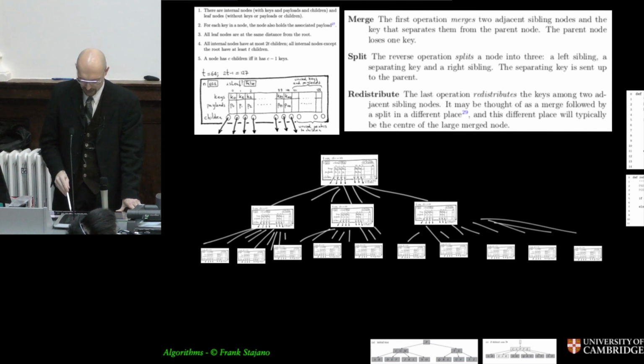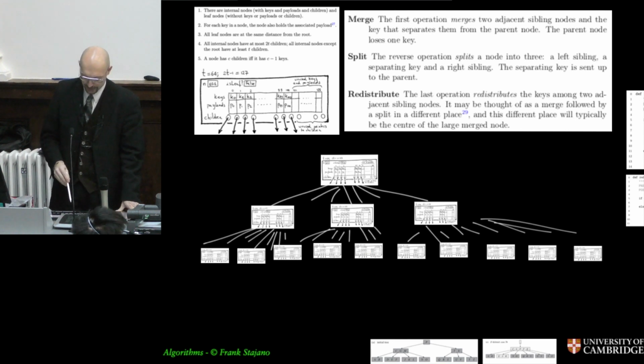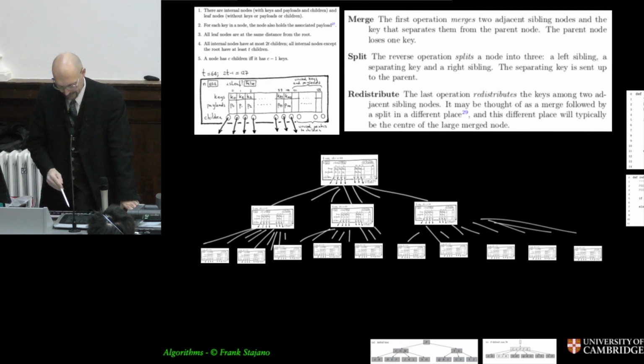If the node I want to delete a key from is in the bottom layer but already has just the minimum number of keys, then of course it's not allowed to delete a key from it, but I can use one of the strategies that I said. If a neighbor of the node, a child of the same parent node, exists with also t-1 keys, I can merge the two by dropping a key from the parent.